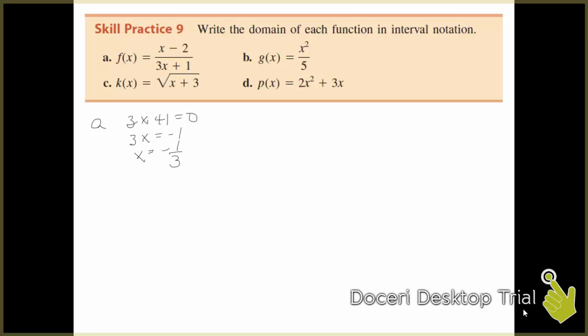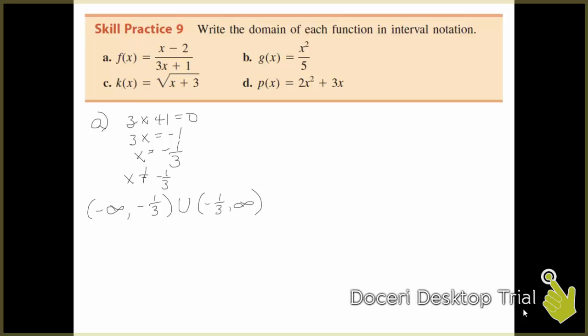So x can't be -1/3. It can be anything else, but -1/3 is going to make the denominator 0 for A. So the way you're going to do that is -infinity to -1/3, not going to include -1/3, union -1/3 to infinity. Everything except -1/3.